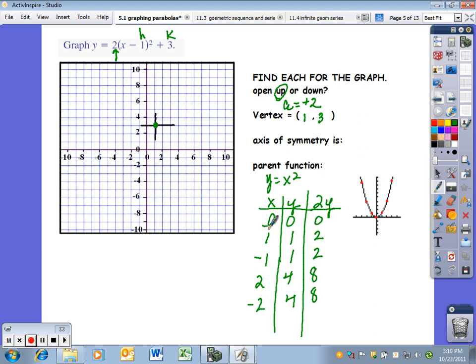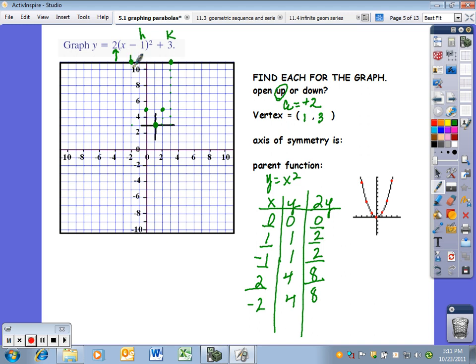(0, 0), already have that plotted on my new axes. (1, 2), symmetrically (negative 1, 2). (2, 8), symmetrically (negative 2, 8).